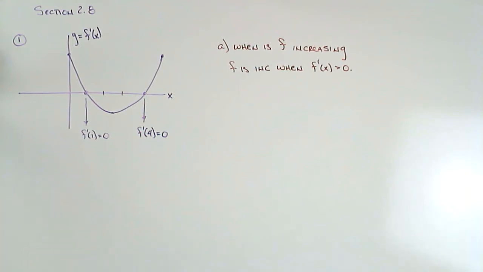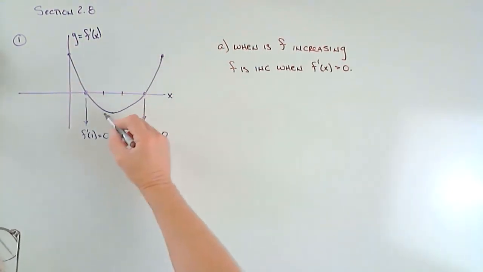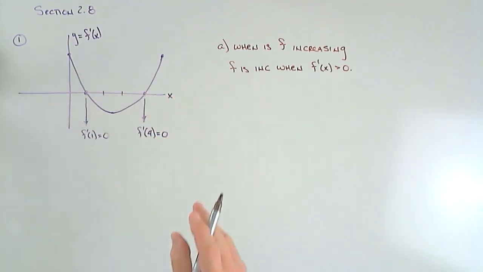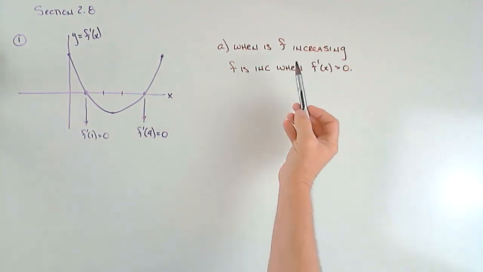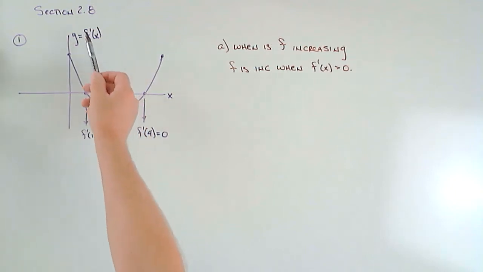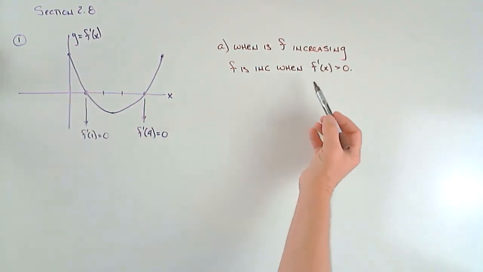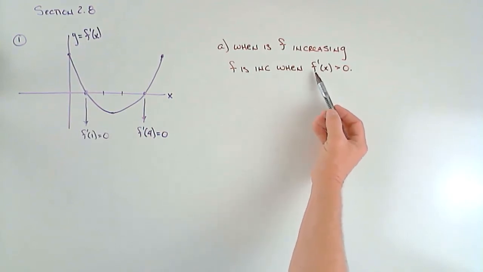If we take a look at our graph, remembering our graph is the derivative, don't look at the graph and think, well, it's increasing over here. That's what my pre-calculus teacher said when it goes up to the right. That's true. That is an absolute fact. But we're looking for the intervals upon which f is increasing. This is the graph of the derivative. So our definition says we need to focus on when the derivative is greater than 0.